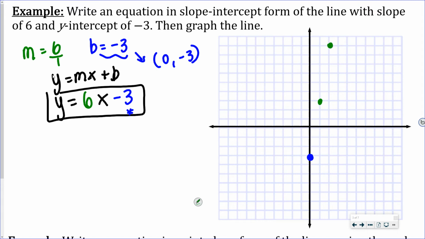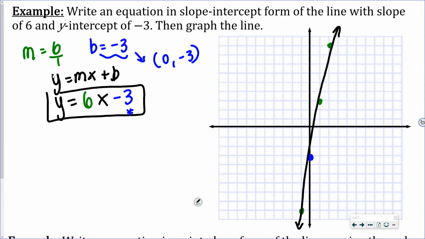It technically only takes 2 points to draw a line, but the more points you can do, the more accurate this is. You're going to want to use a straight edge. You can also go down and left. I always tell my students, make sure when you graph your line, we obviously have a positive slope here, so when you go to connect your dots from left to right, your graph should be rising.